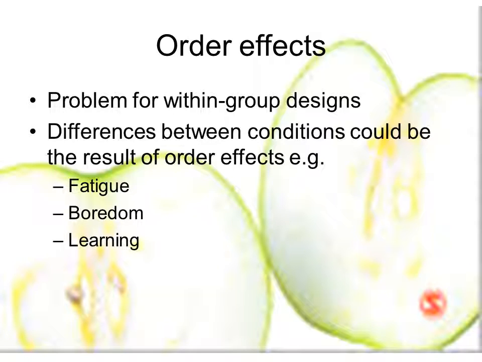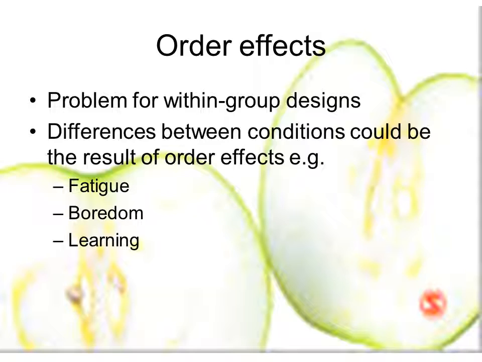So a problem that you can see within group designs is that a lot of times there are so many variables that could play a part in what we're looking at that it's hard to tell whether or not one issue is causing another issue.